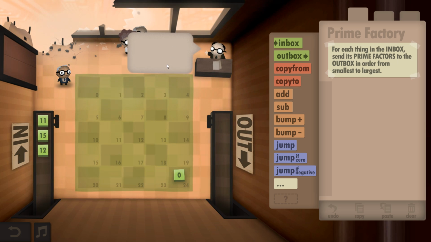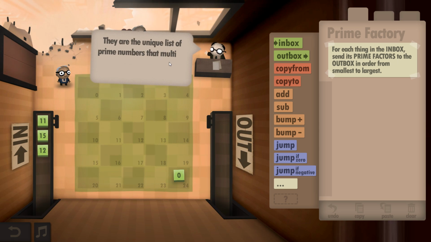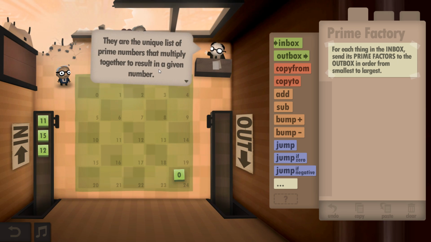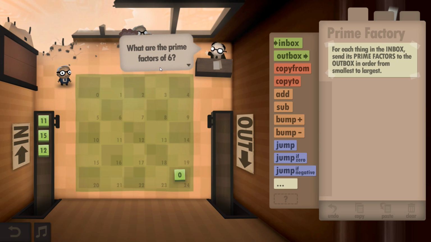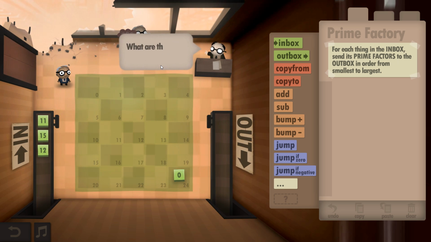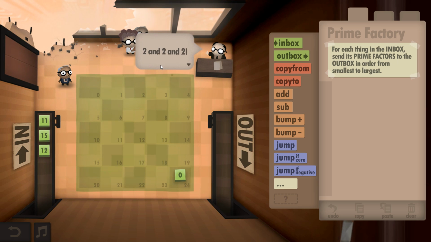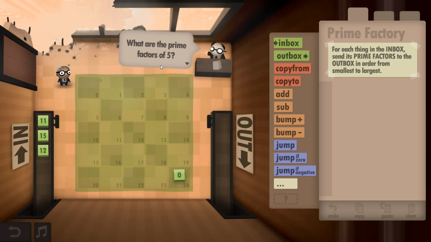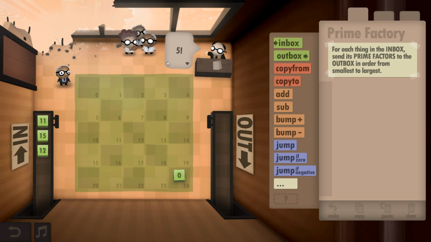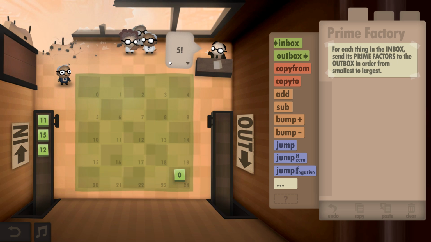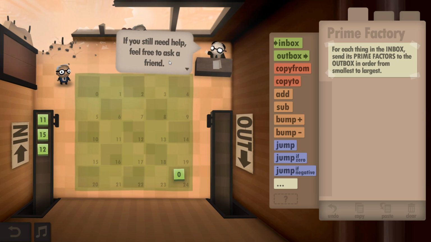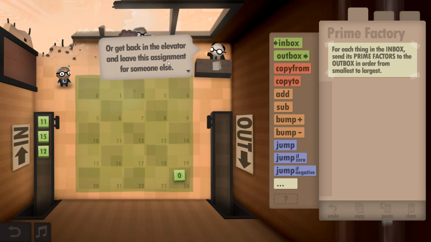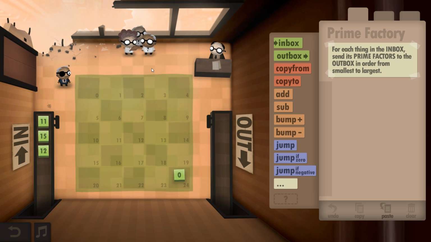They are a unique list of prime numbers that multiply together to result in a given number. What are the prime factors of 6? 2 and 3. What are the prime factors of 8? 2 and 2 and 2. What are the prime factors of 5? 5. If you still need help, feel free to ask a friend or your local library, or get back in the elevator and leave this assignment for someone else.